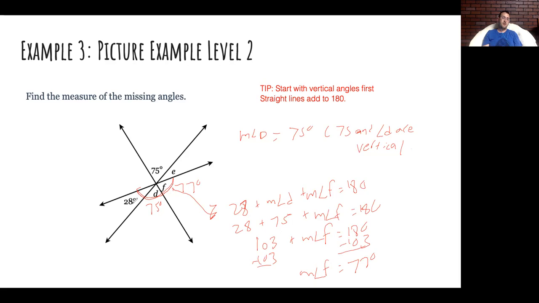Oh, and lo and behold, this is a 28. So therefore, the angle E, which is vertical, is going to be 28 as well. Now, I will say that when you get going with these, people often do these in their head, and that's good and all.